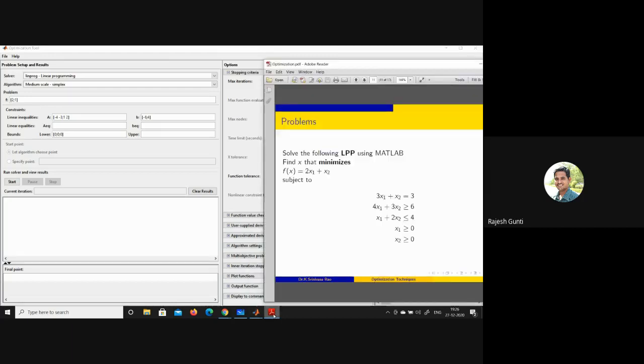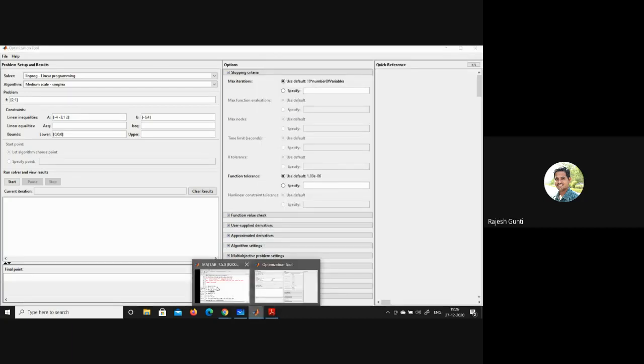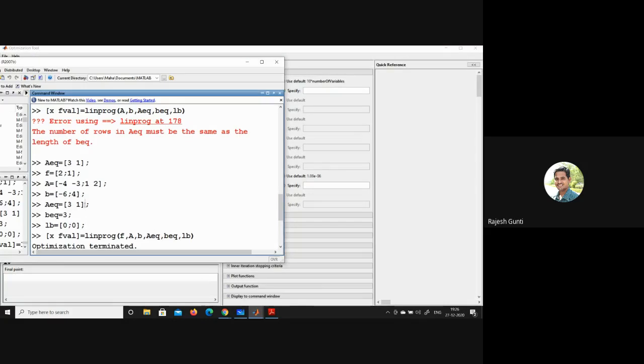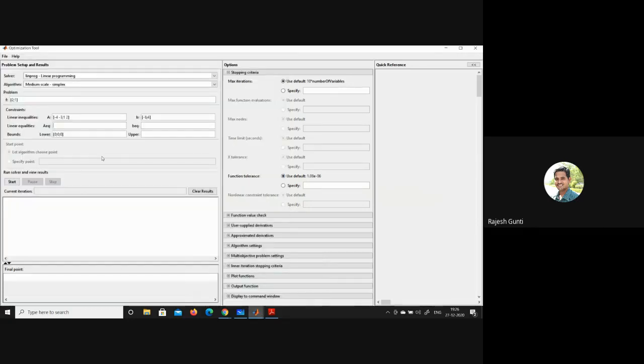Only one equation is there. Three, one, three. One, two, directly. Remove 1, 0. Start. Anything is correct. Okay. First x1 is 0.6, x2 is equal to 1.2. Corresponding solution is 2.400. Okay.